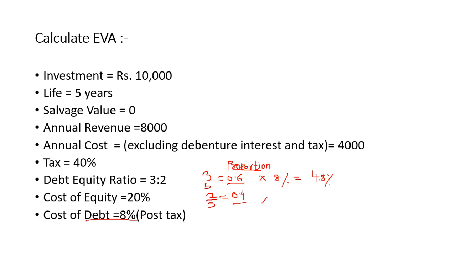Proportion multiplied by the cost of equity. Cost of equity means the dividend cost, 20%. 20 into 0.4. Tell me in the chat box. 8, okay, 8%.